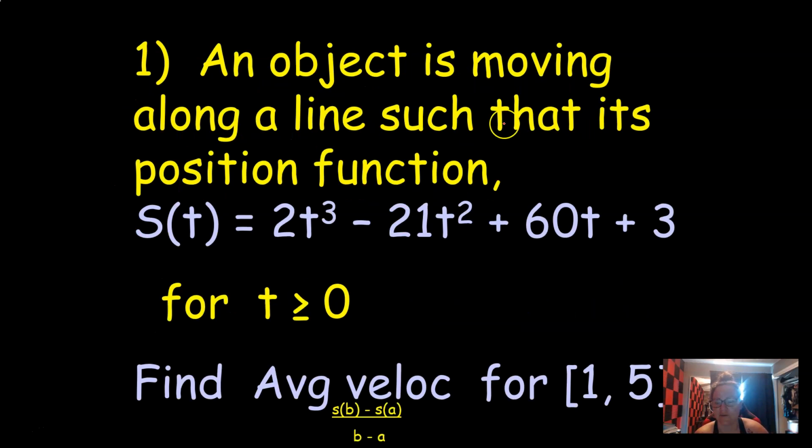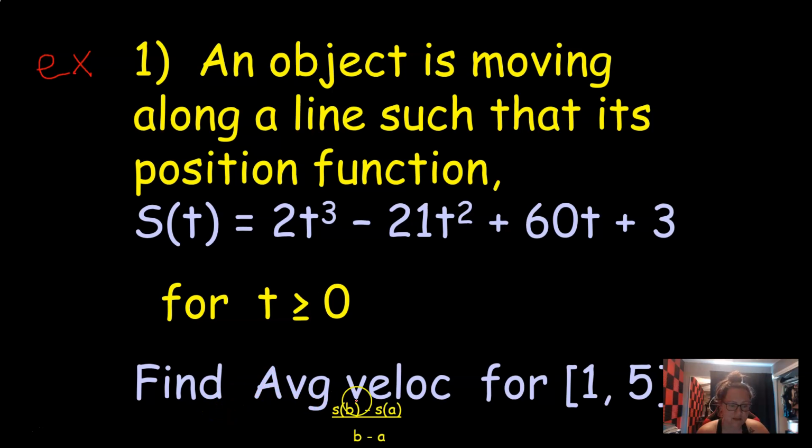Okay, here we go. I think I have 2 examples for you, so 1 and 2 will be examples, and 3 and 4 are homework. An object is moving along a line such that its position function, s of t, is 2t cubed minus 21t squared plus 60t plus 3 when t is greater than 0.